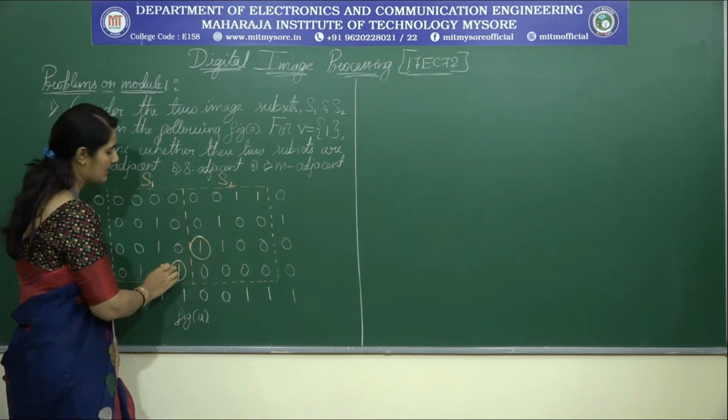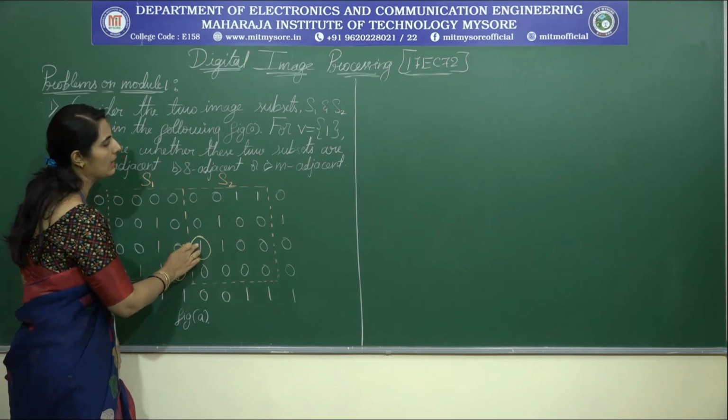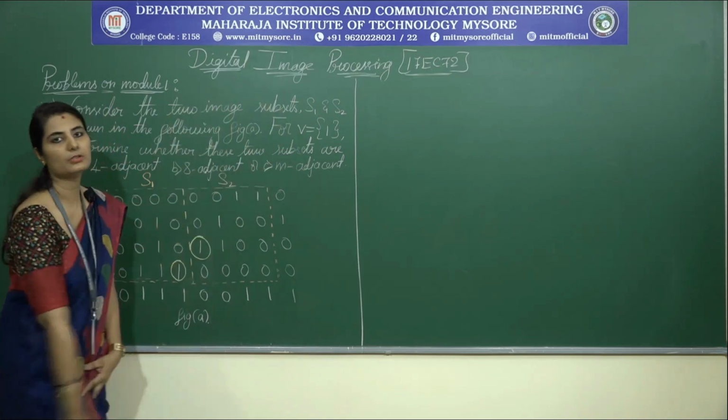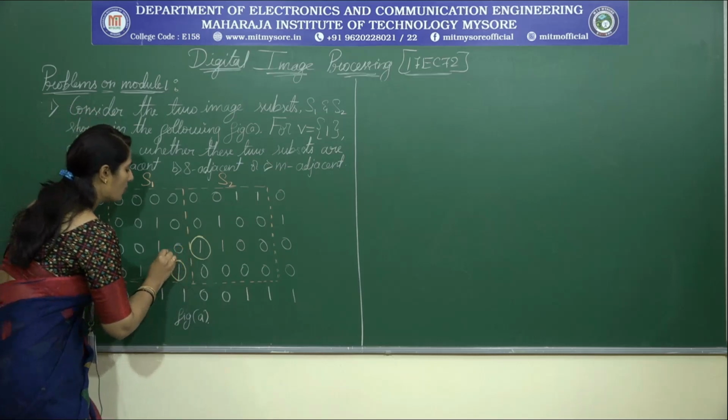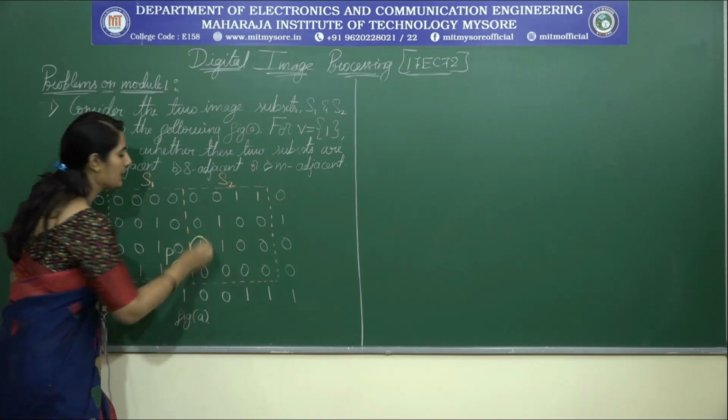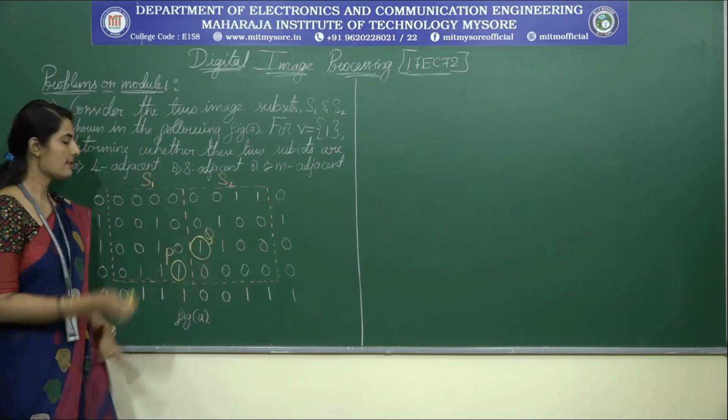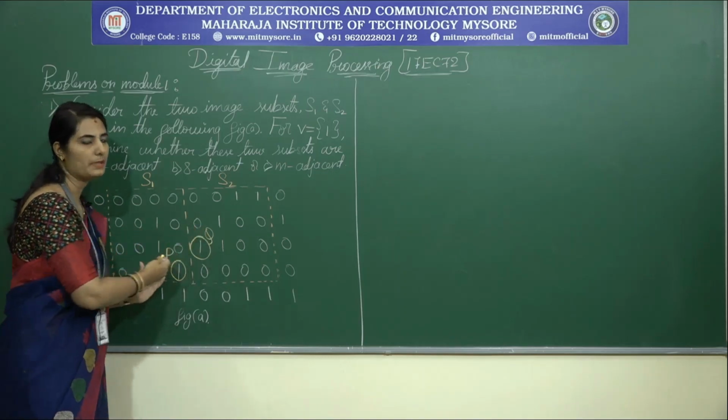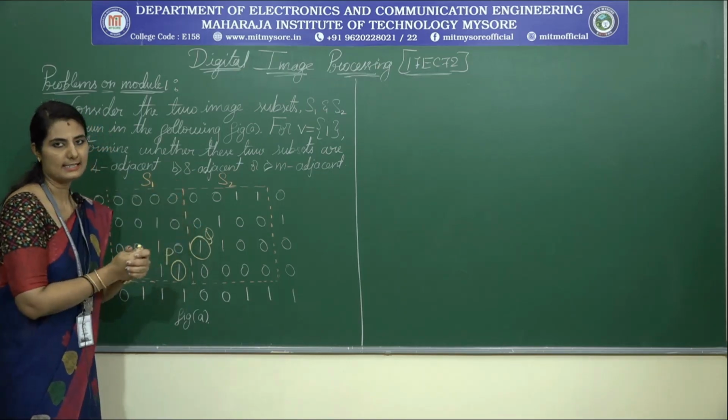These two pixels have values equal to the set V. Let me call these two pixels P and Q. Now let us find out whether these two pixels satisfy these adjacencies.